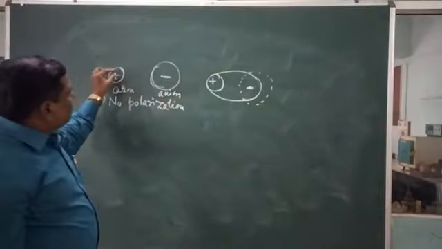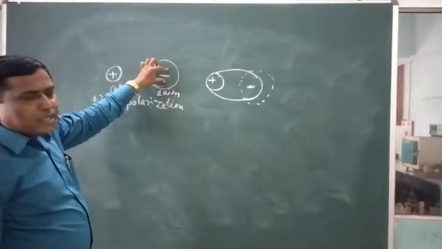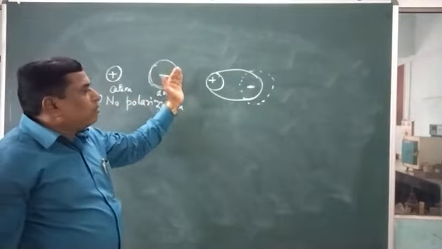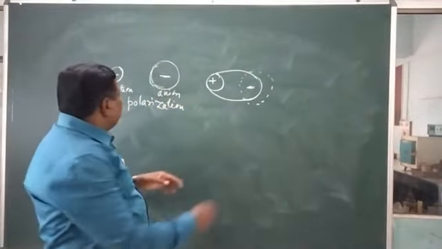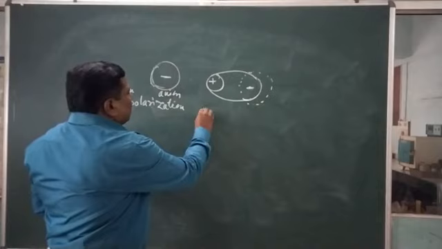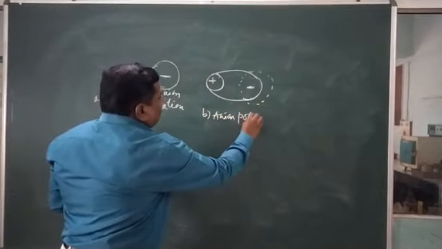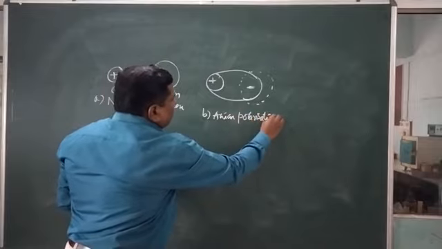The positive charge attracts the negative charge of the electrons, and therefore the nucleus remains repelled. This is called the second step, anion polarization, which takes place.